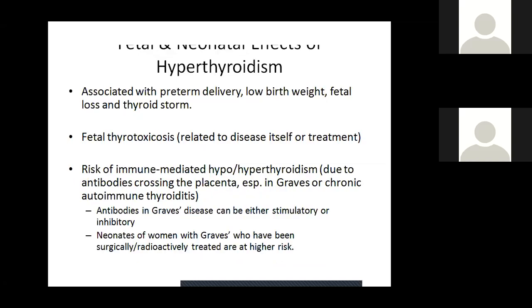The problems that are associated with hyperthyroidism in pregnancy are preterm delivery, low birth weight, fetal loss, thyroid storm, and fetal thyrotoxicosis, which can occur related to the disease itself or treatment. There is a risk of immune mediated hyperthyroidism because the antibodies can cross the placenta, and antibodies in Graves' disease can be either stimulatory or inhibitory.